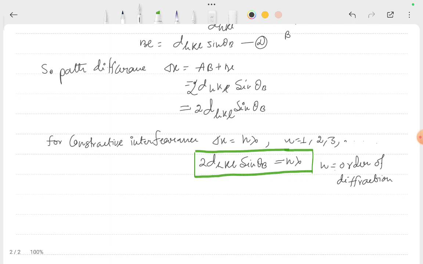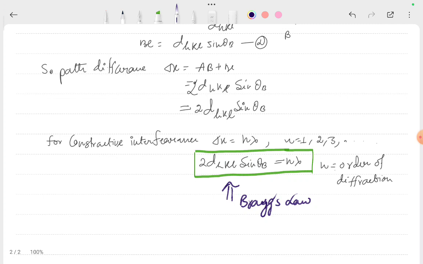Be careful, this is called Bragg's law. Here theta_B is Bragg's angle, and this angle is measured from the plane of the crystals.